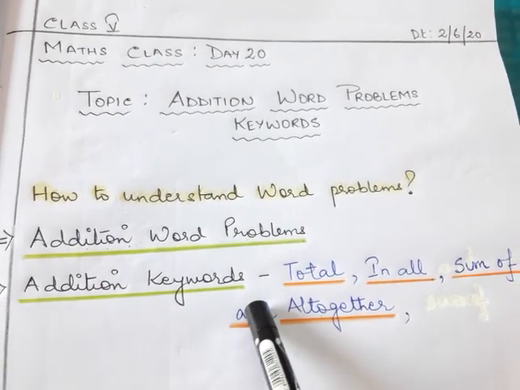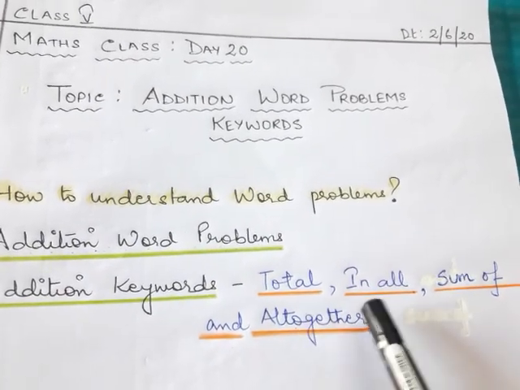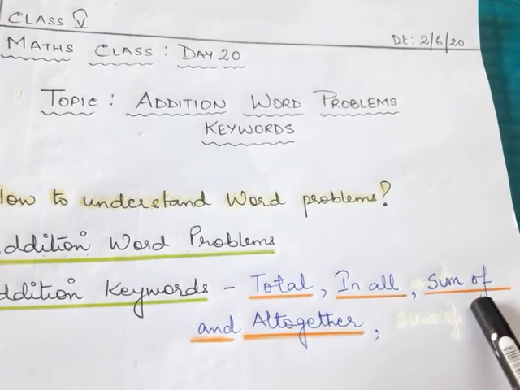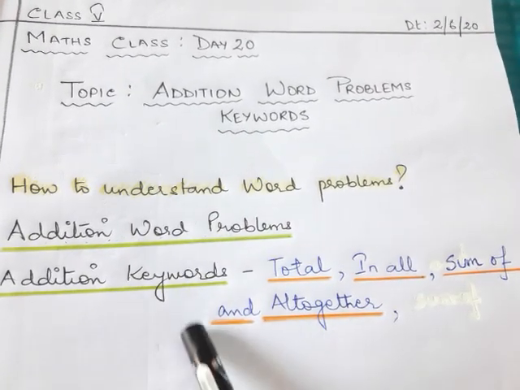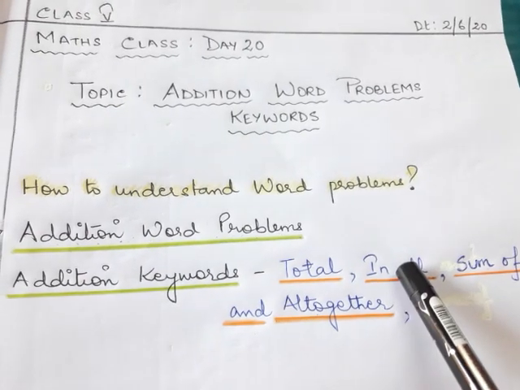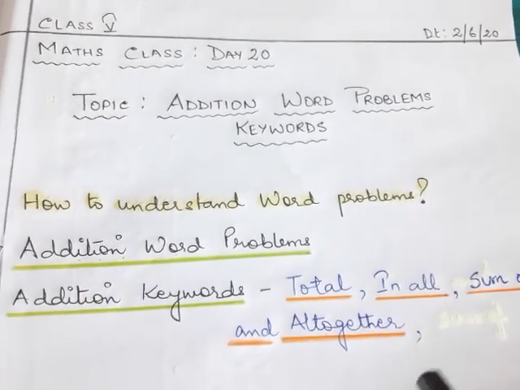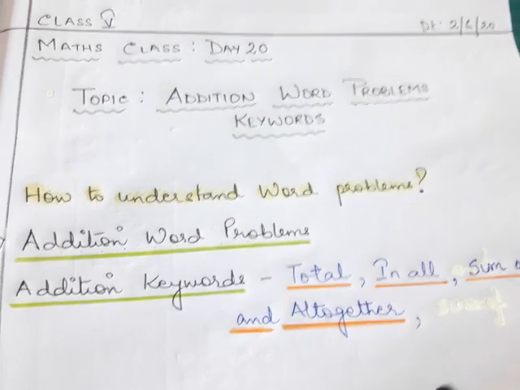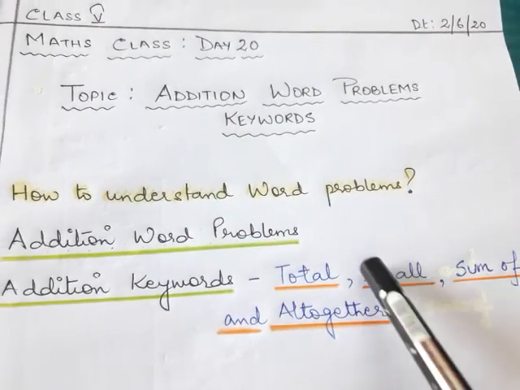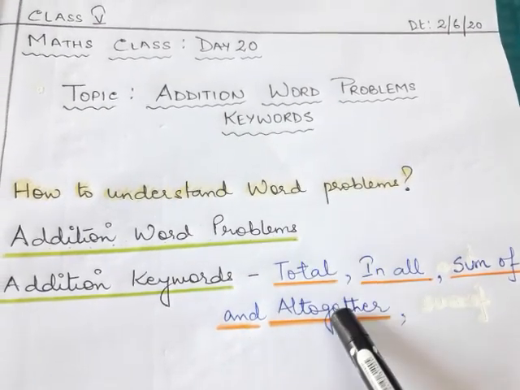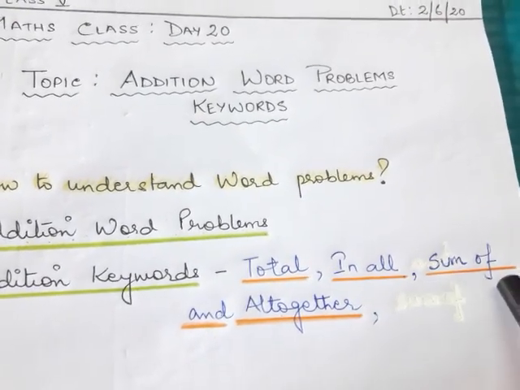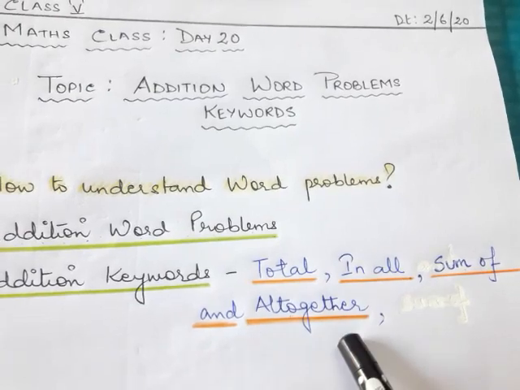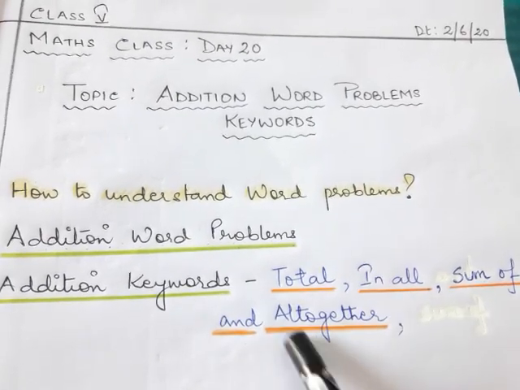So for addition keywords: total, in all, sum of and altogether. If you see this mentioned in your word problem sums, you can get the hint that they are asking you to add. Okay, so from total you understand you have to add, in all means you have to add, sum of means addition, and altogether also means you have to add.